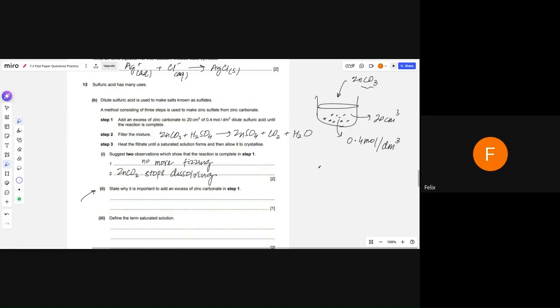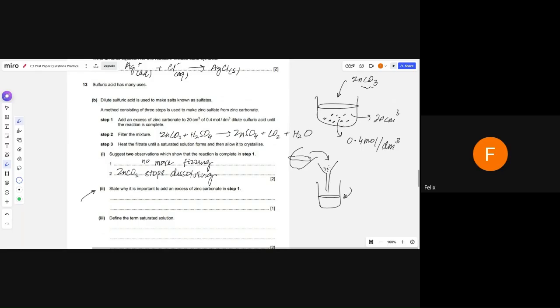We pour the contents of this beaker over a funnel and filter it. So the solid will be trapped here, and the liquid part will come here.